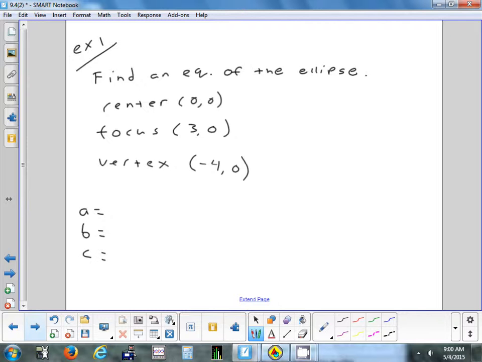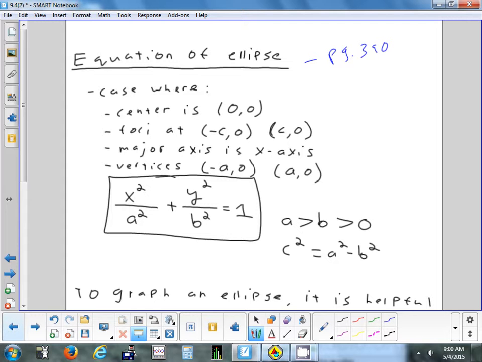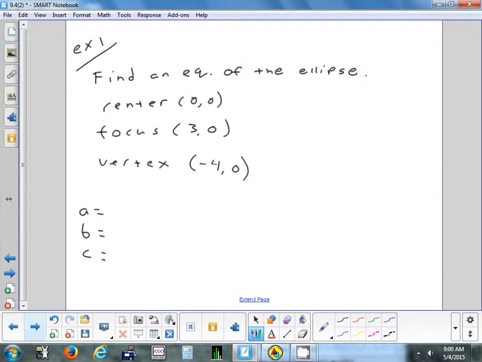All right, let's start with the vertex. What does the vertex tell me? You can either go back to all these bullet points that I have about it and look at what the vertex tells you, or you can just try to remember the general idea. A is the distance from the center to the vertex.